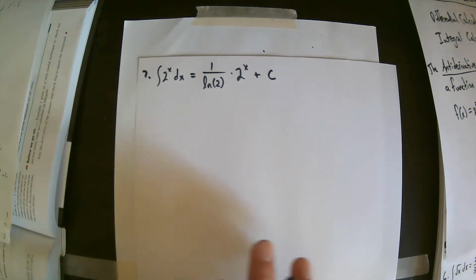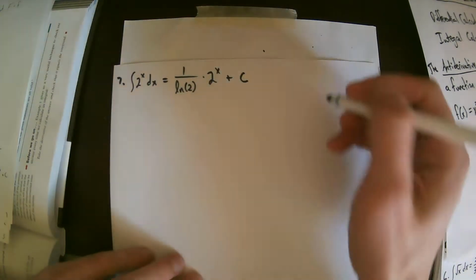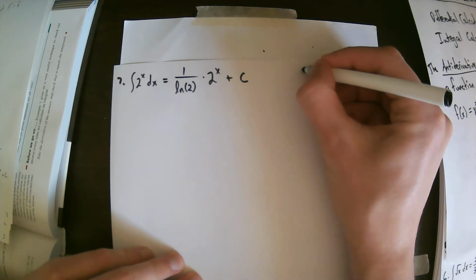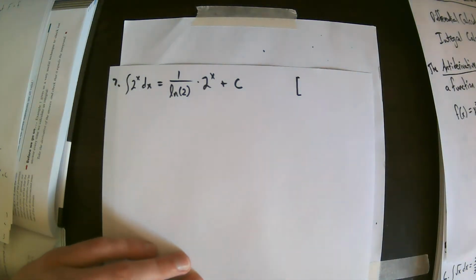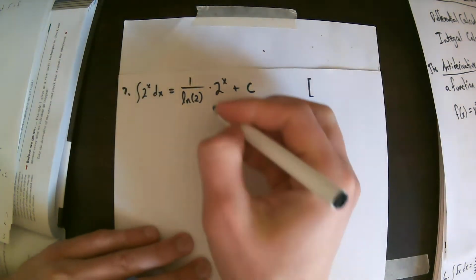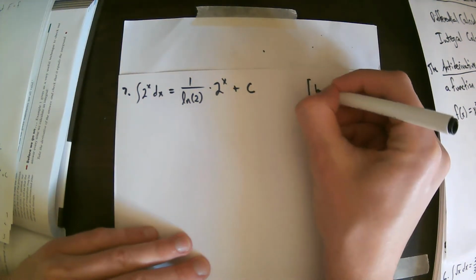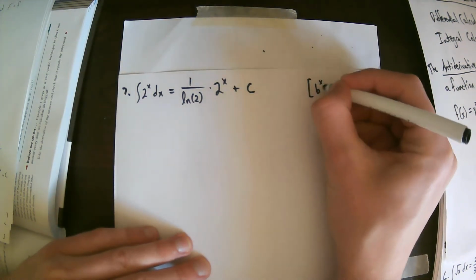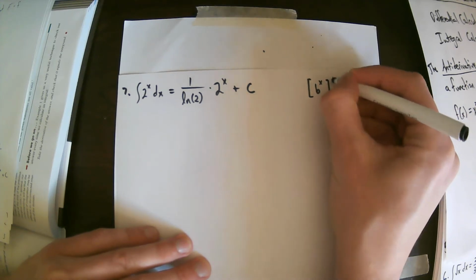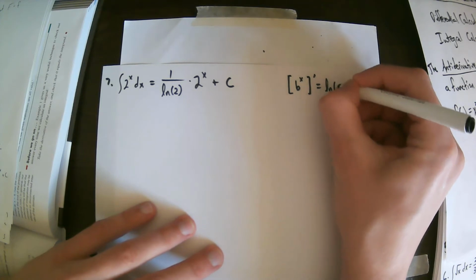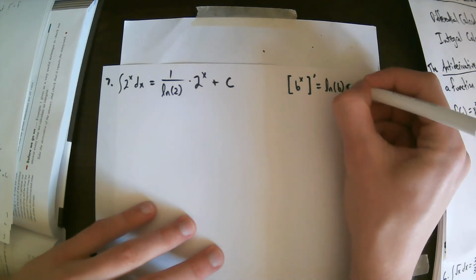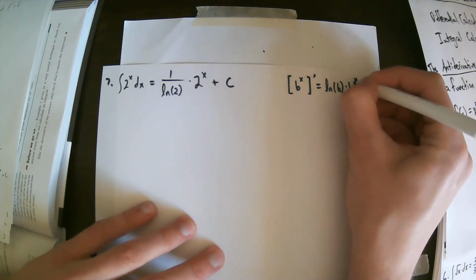Now, I'll recall this derivative rule since it's fairly new. The derivative rule for an exponential function is, if you've got some exponential function b to the x, its derivative is ln of the base times b to the x, just like that.